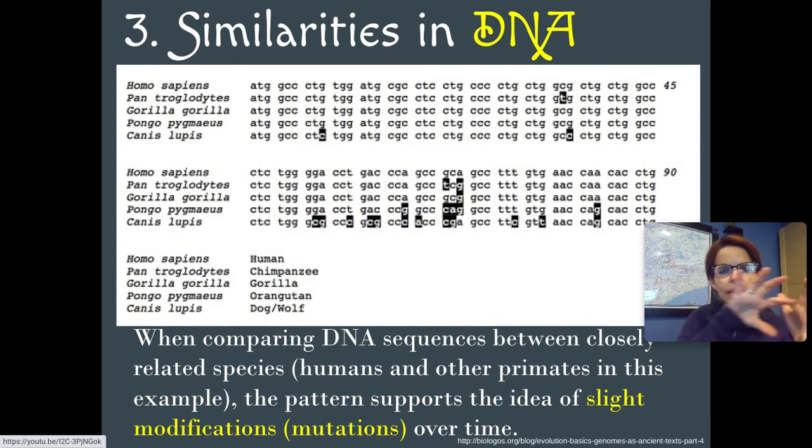So if you look at the letters of the DNA, they're incredibly similar. And the ones that are most similar are the humans and the chimpanzees. The ones that are most different are the humans and the dogs. But still, there's lots of similarities, even between a human and a dog. And why would there be so many similarities?